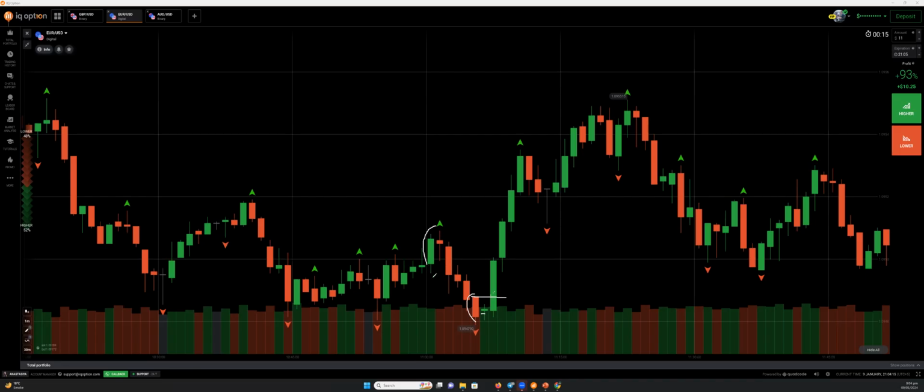This is one kind of evening star, and this is one kind of morning star. Here, this is an evening star, and this is one kind of morning star, and this is the evening star. These patterns mostly appear while we are looking for the engulfing, dark cloud cover, piercing line, inside bar, outside bar. Also, these patterns we will find in the market.